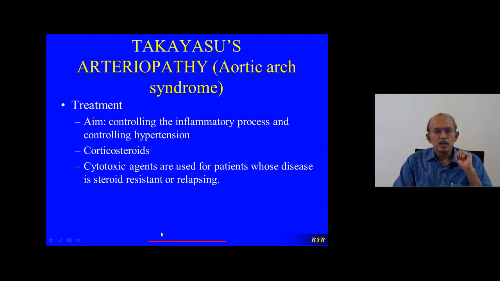Treatment: controlling the inflammatory process and controlling the hypertension. So the inflammatory process is controlled by corticosteroid drugs, or cytotoxic agents are used for patients whose disease is steroid resistant or relapsing.